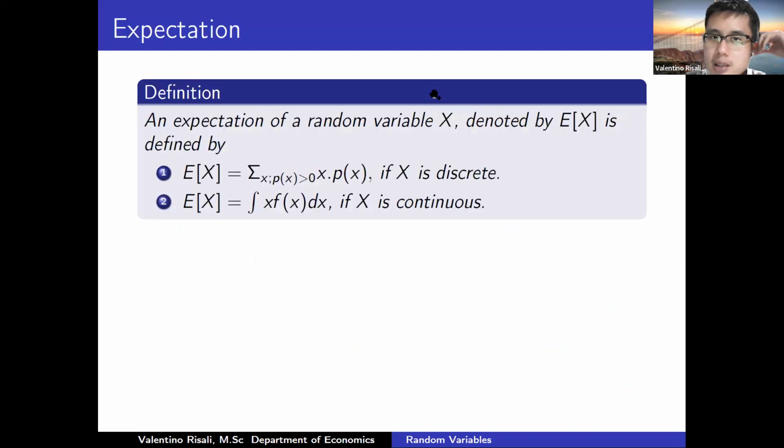Then let's continue to the concept of expectation. For a random variable x, we define the expectation of x, denoted by E[X]. For the first case, E[X] is equal to the sigma of all x times its probability p(x), for all x with p(x) greater than 0, if x is discrete.